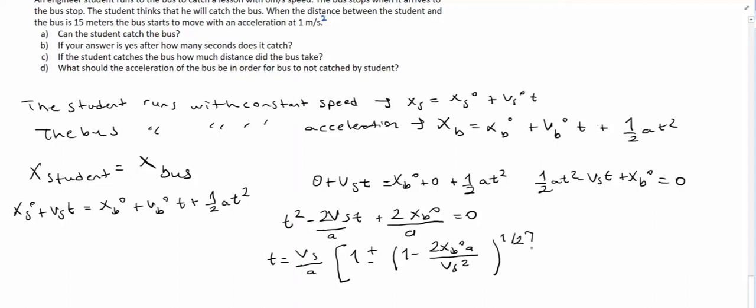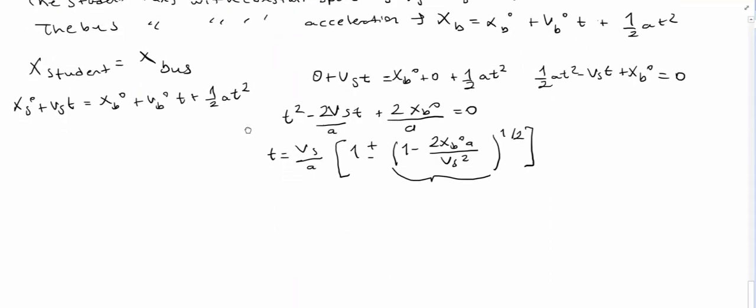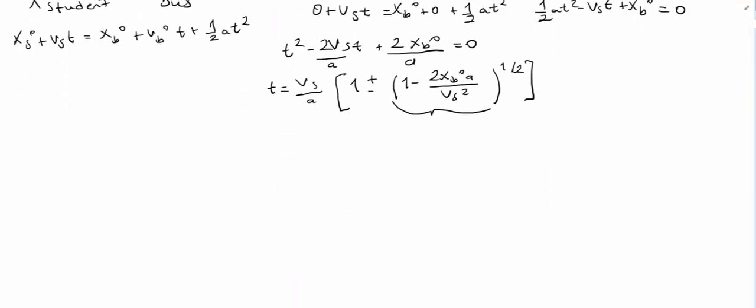The thing is, this right here has to be greater than or equal to 0. In other words, 2 xb a over vs squared should be less than or equal to 1.